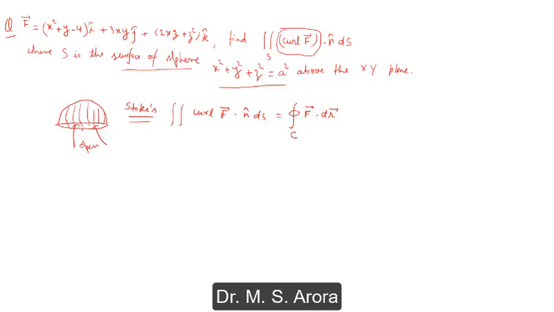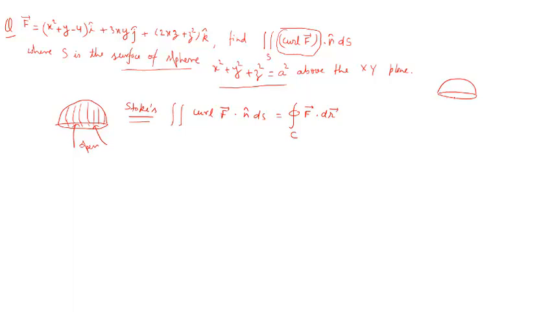So C is actually the boundary, the bounding curve of the open surface. Here you can see that if you take an inverted ball, you will get a bounding curve of this inverted hemisphere. This is C here.